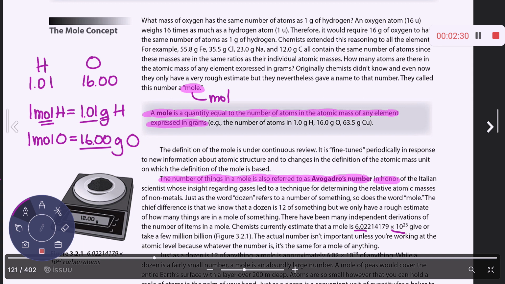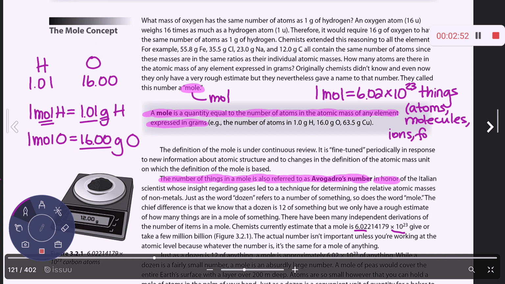And you'll see me writing this up, repeating it out loud constantly. So basically a mole is equal to 6.02 times 10 to the 23rd things or items. And in chemistry, those things are going to be atoms and molecules or ions, or something called formula units. And I'll go over each one of these.